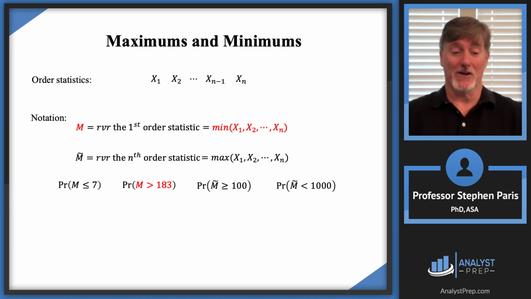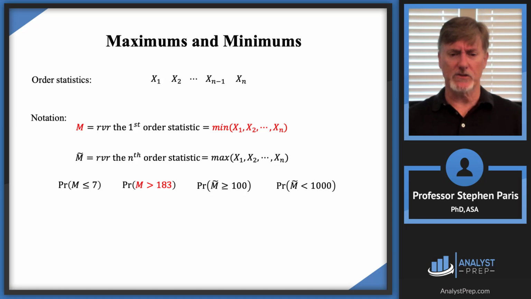Otherwise, if the first value was less than 183, then the minimum would be at most that value, which was less than 183, and that won't satisfy the event that the minimum is greater than 183. So if the minimum is greater than 183, the first one has to be greater than 183.